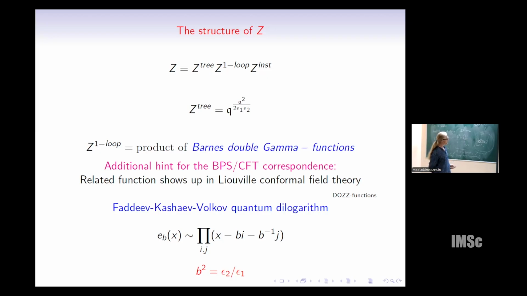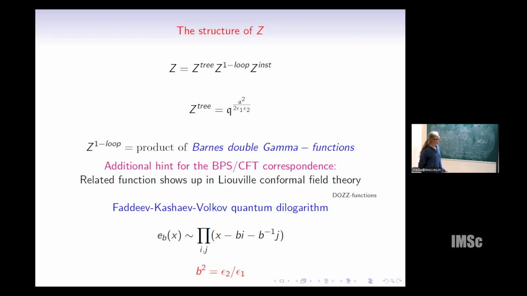So one hint that there is an interesting connection of four-dimensional theories to two-dimensional ones was that the one-loop computation in these theories was constantly spitting out this kind of double analog of the gamma function called the Barnes gamma function, which was also showing up in Liouville conformal field theory, as was shown by Dorn, Otto, and Zamolodchikov, and was popularized by Faddeev after his works with Kashaev and Volkov.